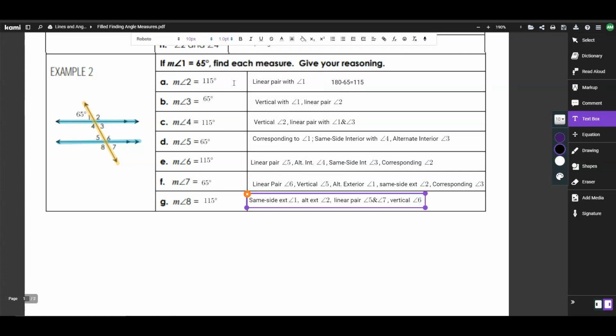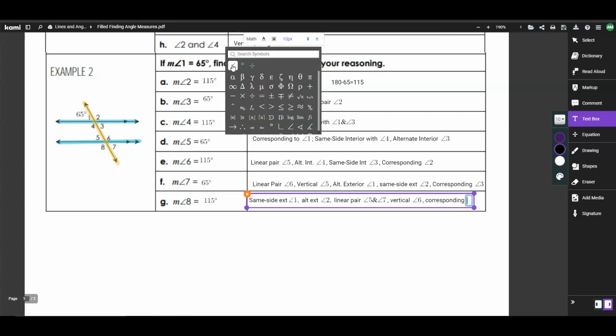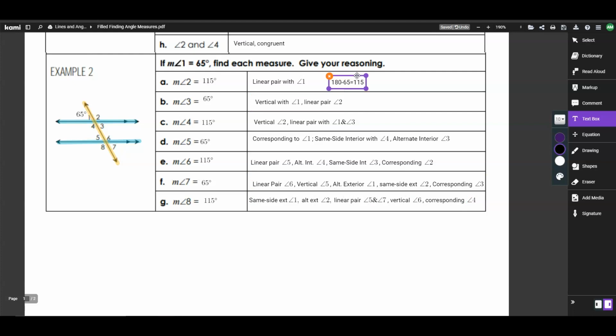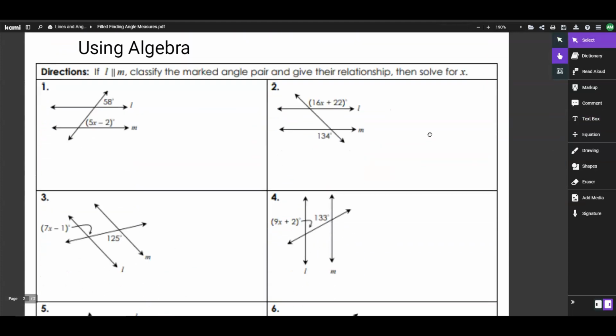And finally, we have corresponding to angle 4. Yes, all of them. So next, we're going to apply some algebra to these relationships.